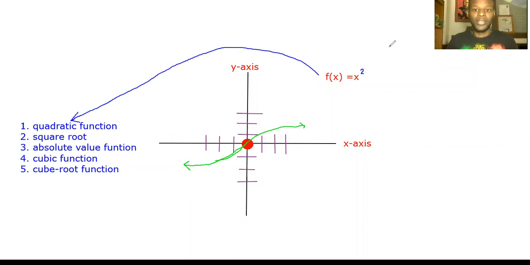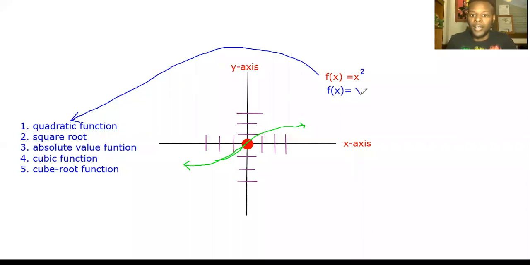Now, let's go ahead and write the next function, the square root. So the function of x is equal to, sorry again, not looking in the camera. I'm going to actually draw it out. Okay, so I have to click whiteboard again.